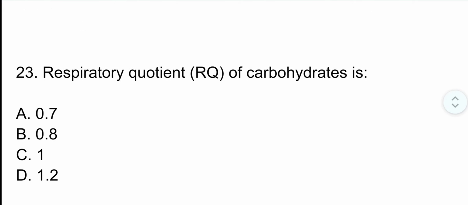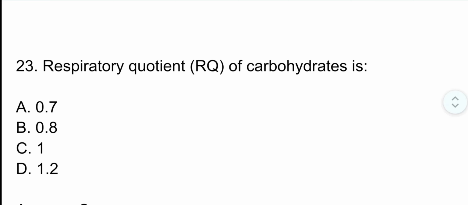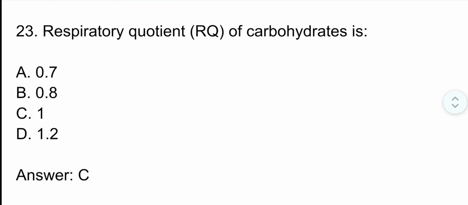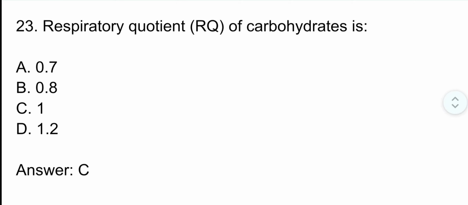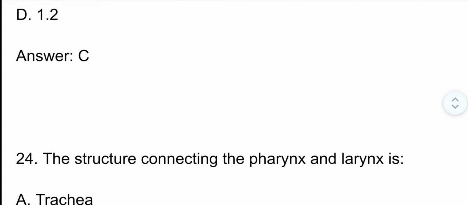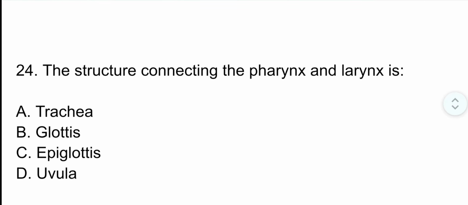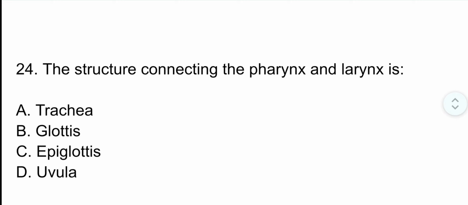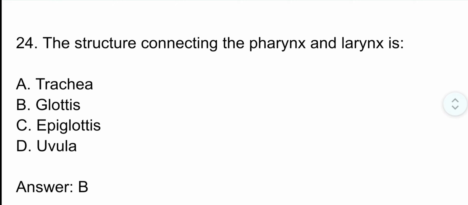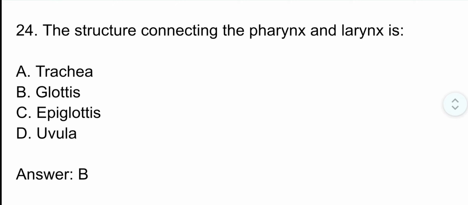Question number 23. Respiratory quotient of carbohydrate is. The correct option is option C, 1. Question number 24. The structure connecting the pharynx and larynx is. The correct option is option B, glottis.